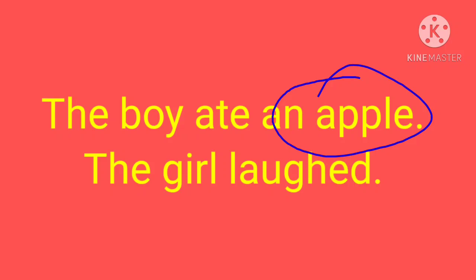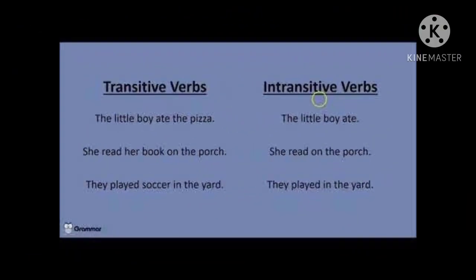Okay, we will have some more examples of transitive and intransitive verbs on the screen. Let's have some examples here. So here on the screen you can see some more examples of transitive verbs and intransitive verbs. So I think students, transitive and intransitive is clear to you. There should be no doubt.